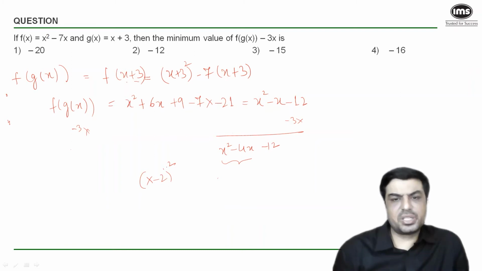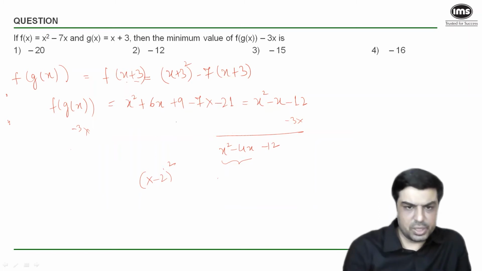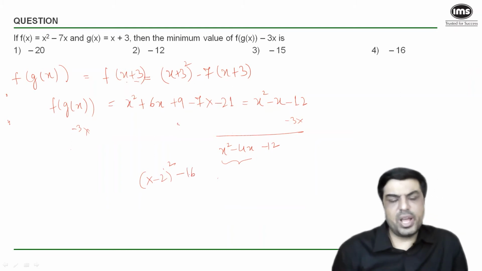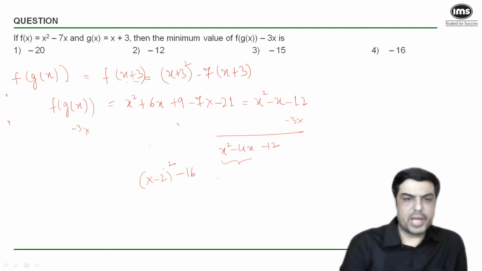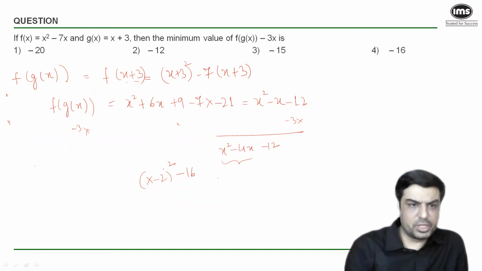But here I've got x square minus 4x minus 12, which means from this, if I subtract 16, I have x square minus 4x plus 4 minus 16, and 4 minus 16 is minus 12, which gives me my original expression. So as a perfect square, I can write this as x minus 2 whole square minus 16.